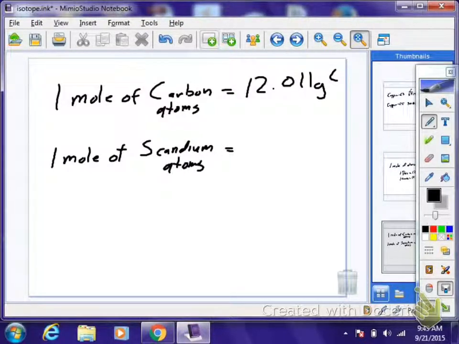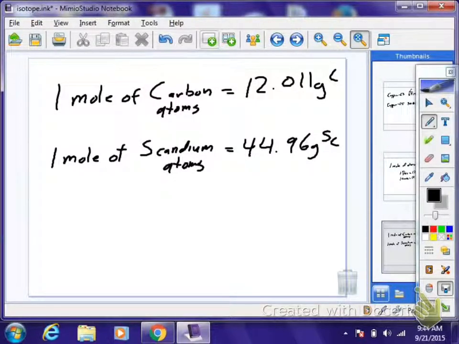Find scandium. What's the weight of scandium? Element 21. 44.996. Yeah. Okay.